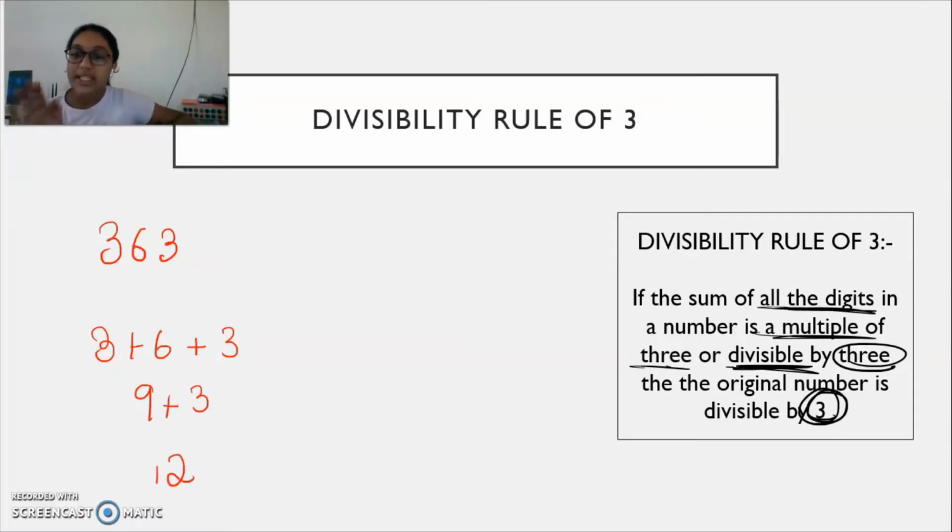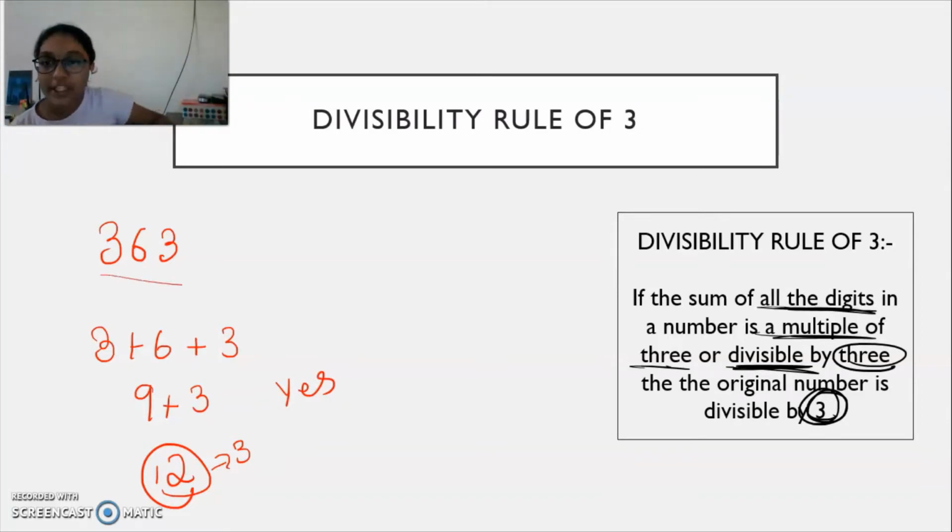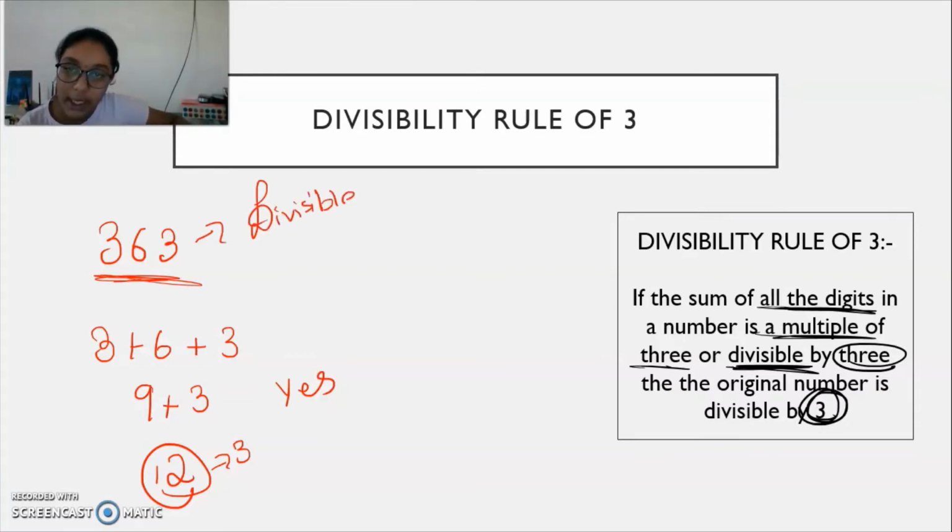Now, is 12 a multiple of 3? Yes, 12 is a multiple of 3. So this original number, 363, is divisible by 3.